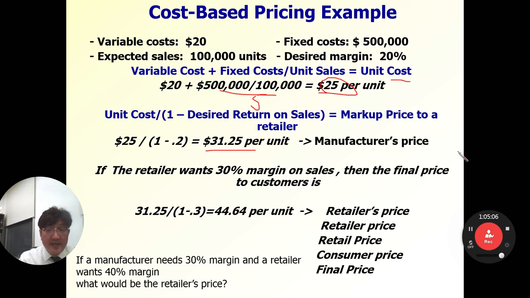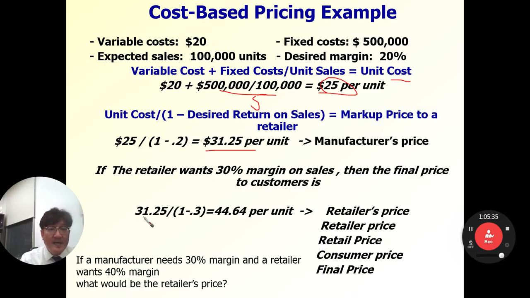Then let's calculate the retailer's price. To calculate the retailer's price, we can use the same formula as before. What is the unit cost for the retailers? The retailer pays this amount to the manufacturers, so the manufacturer's price becomes the retailer's unit cost.